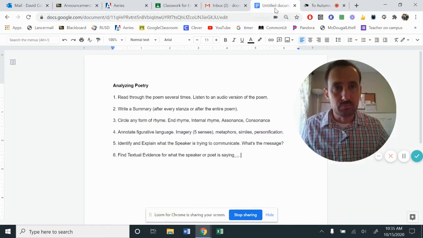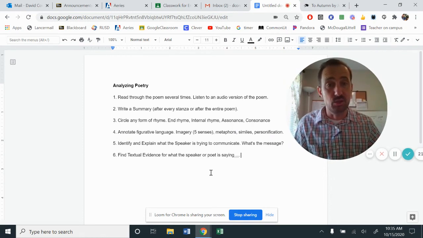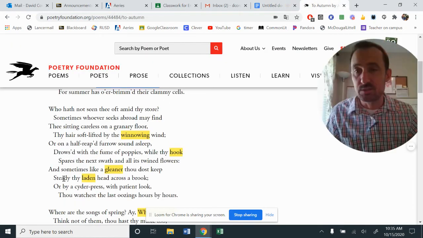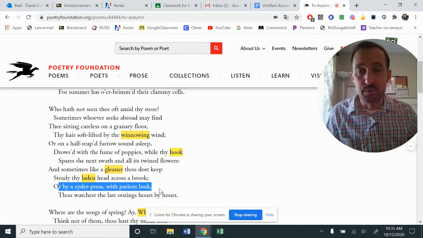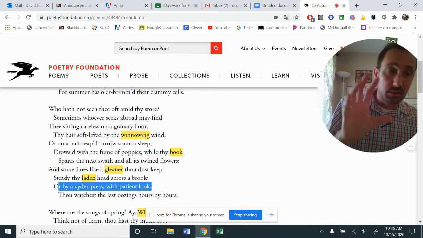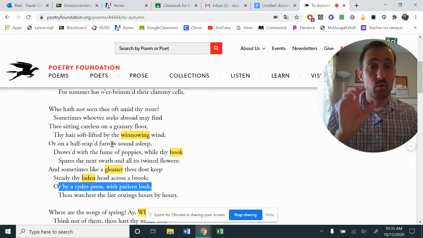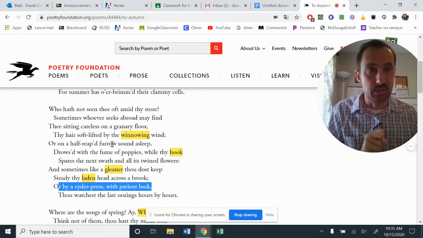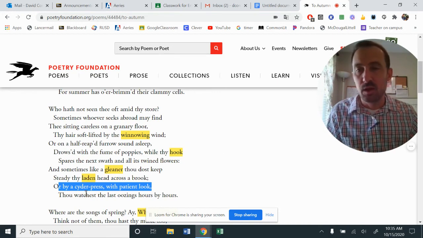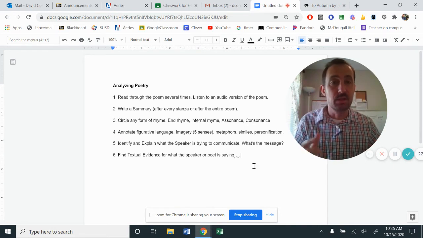So if the poet is trying to communicate that the 5 senses are being used, I'm going to give textual evidence about how the cider press happens and the farm worker is looking at it, waiting very patiently for that glass of apple juice after a long day in the field. Okay. I'm going to mark that down because that's going to be textual evidence to help support what I'm saying.